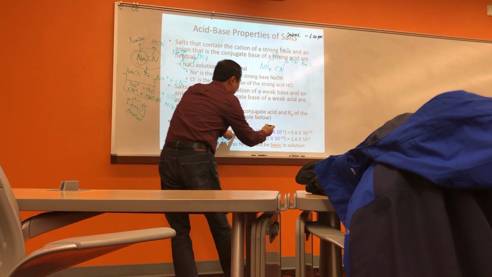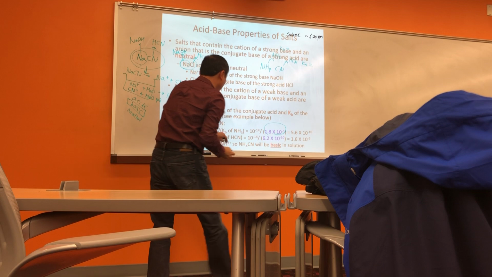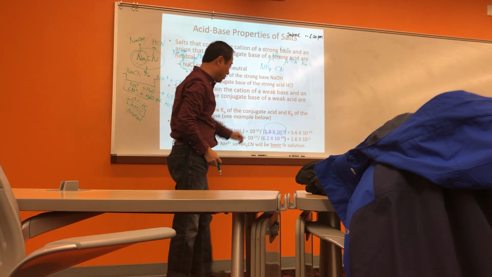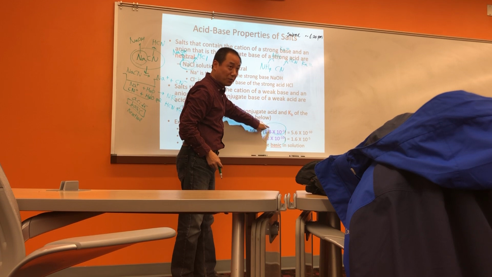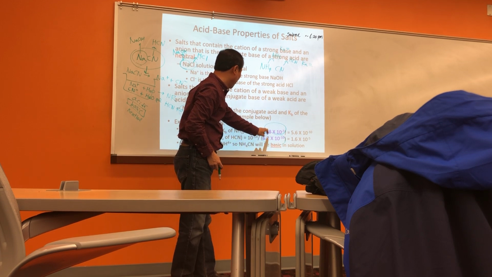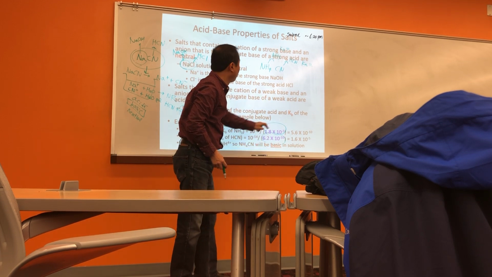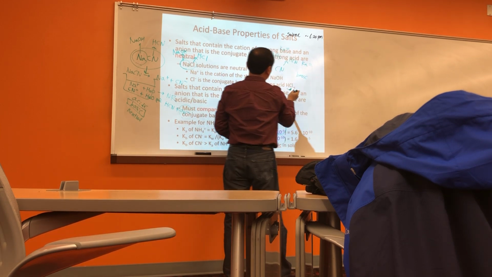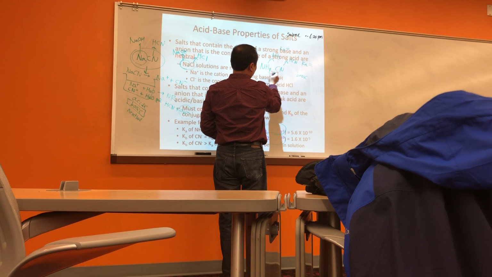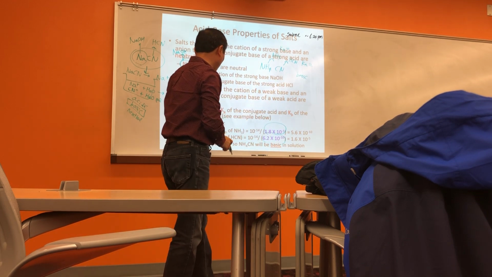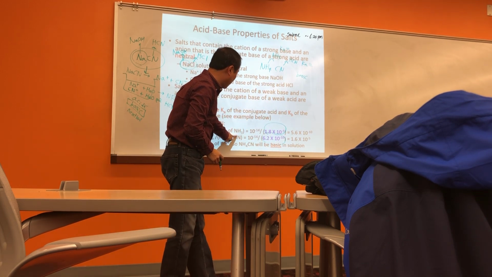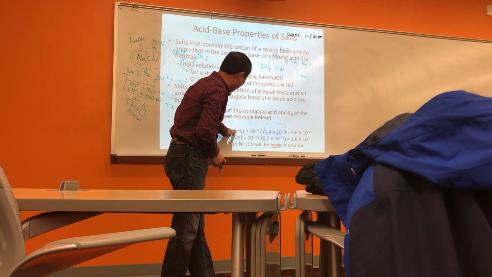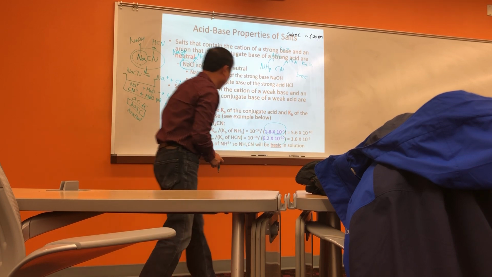Kb of ammonia is this, Ka of HCN is this. Relatively, this one is a larger number than this guy, which means overall it will be basic. Why? Ammonia has stronger basic property compared to the weak acid. So that's a shortcut.